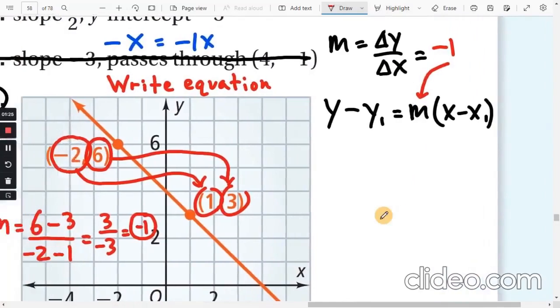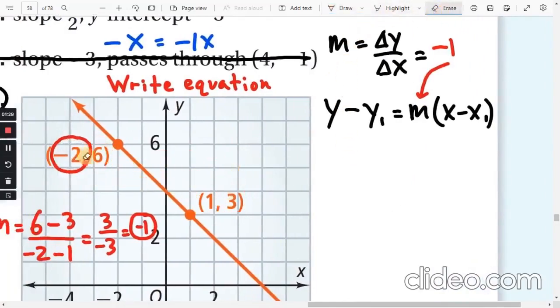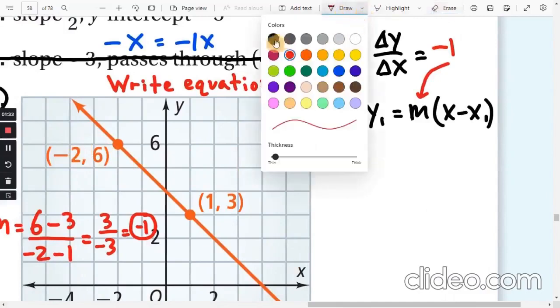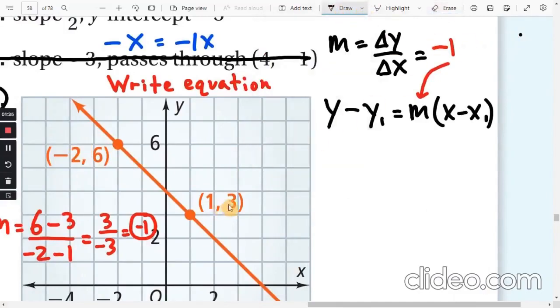All right, and now we can use either of these 2 points for the y1, x1. So let's try this point right here at first. This is going to be x1 and y1.